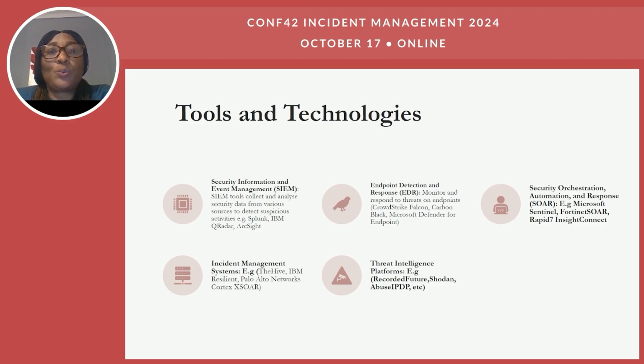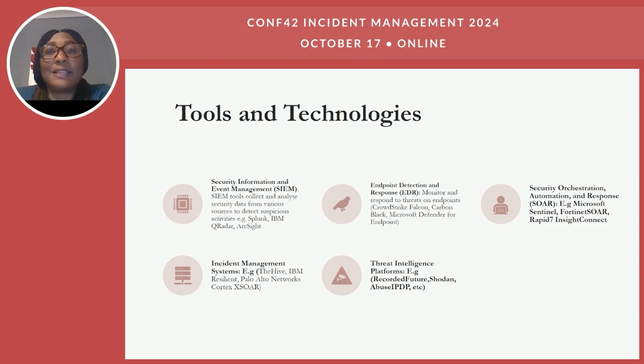In using these tools, we cannot rule out the human factor, or human intelligence, because human intelligence helps to analyze some of the identified threat indicators, and they are able to speak to those issues, especially when identifying incidents to be either true or false.